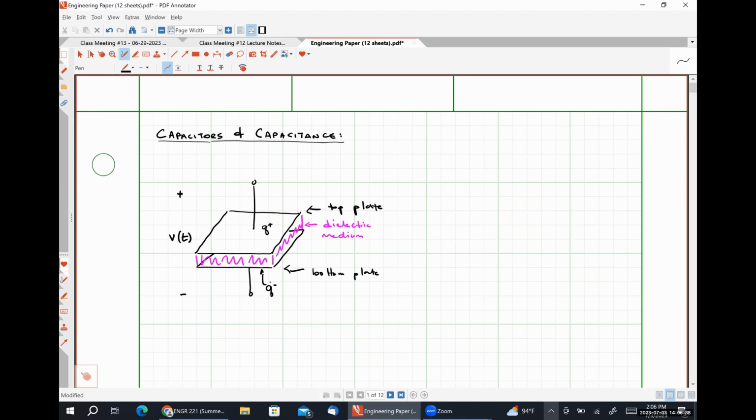The attraction of charge, so placing it or moving it onto the top plate and the bottom plate, causes what's called a displacement current to flow through our capacitor. Okay, so there is no actual conductive path from the top plate to the bottom plate, but we can still get what behaves like current, charge moving, as we move charge onto the plate and then allow charge to go away from the plates.